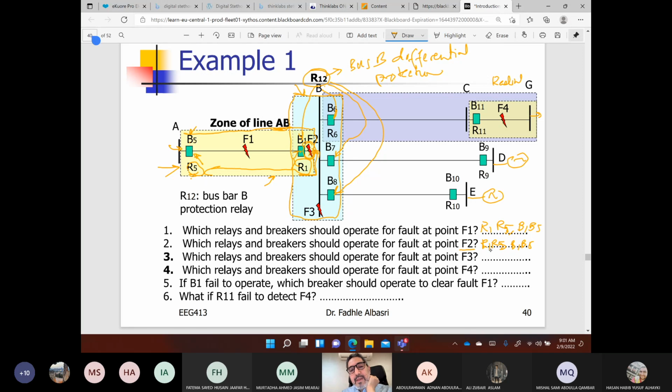So in addition, I have R1, R2, and breaker 6, breaker 7, and breaker 8. All of this is related to condition 3.